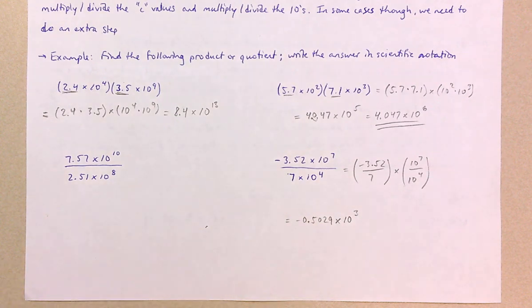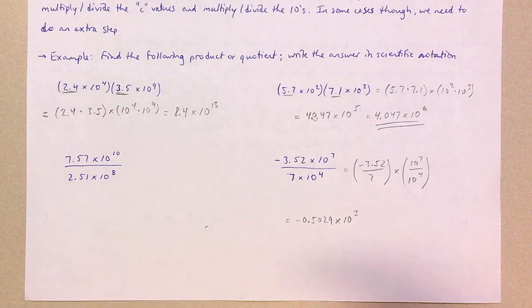Now, once again, you may think, okay, we're done here. But again, this is not in scientific notation. It's because we need to have this C value be a number that in absolute value is between 1 and 10.